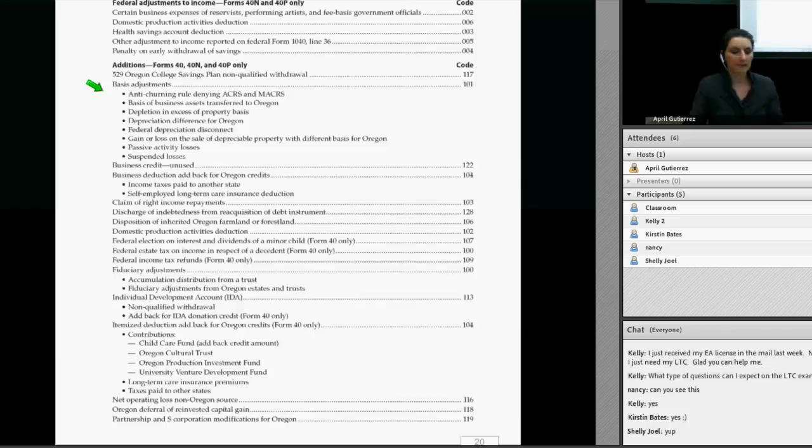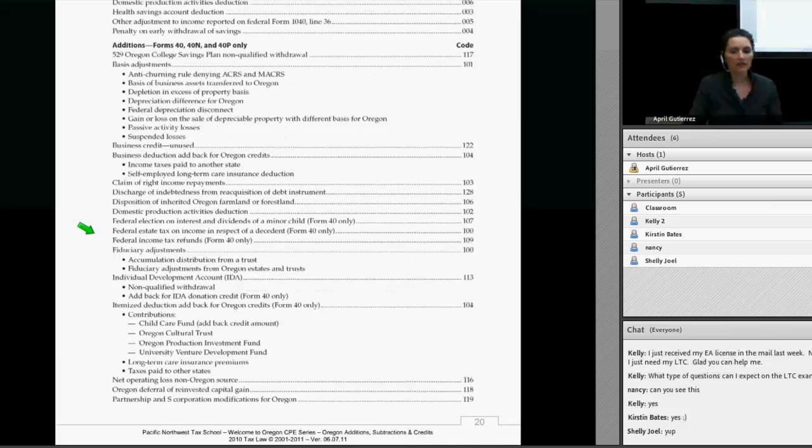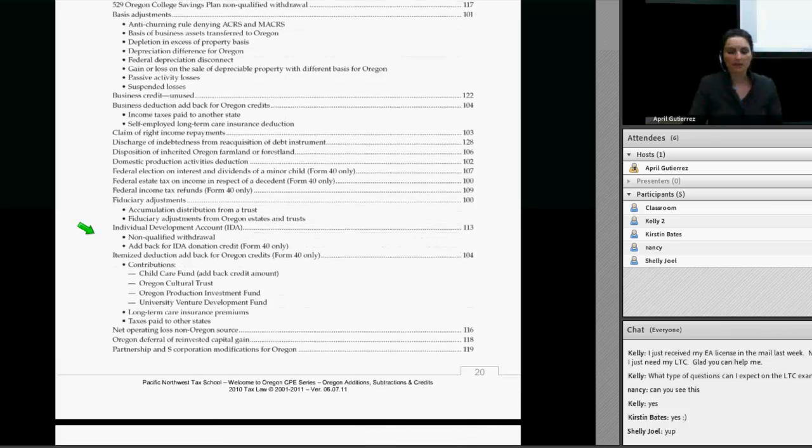Basis adjustments for things like assets that had different depletion or depreciation at the federal level than at Oregon, or different gains and losses at the federal level than at Oregon. Business credit unused. Business deduction and add back for Oregon credits. Claim of right, discharge of indebtedness, disposition of inherited Oregon farmland or forest land, the domestic production activities deduction, federal election on interest and dividends of a minor child.